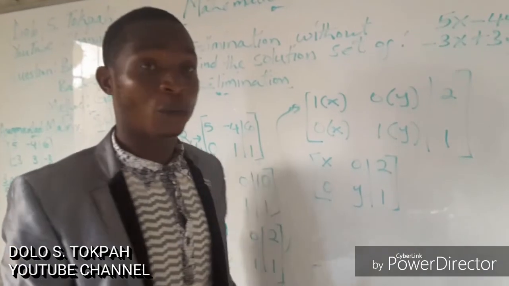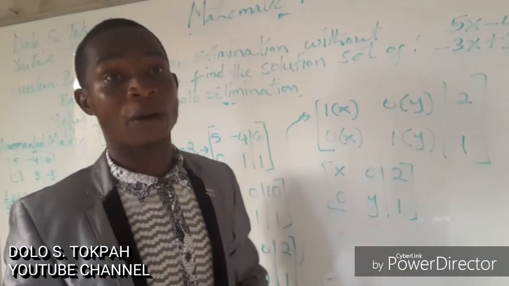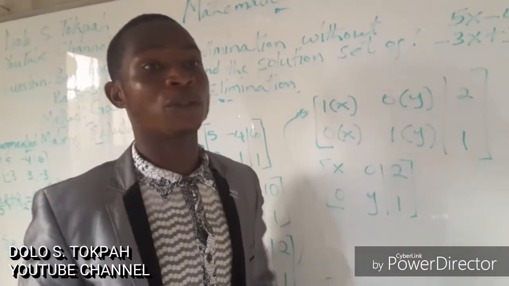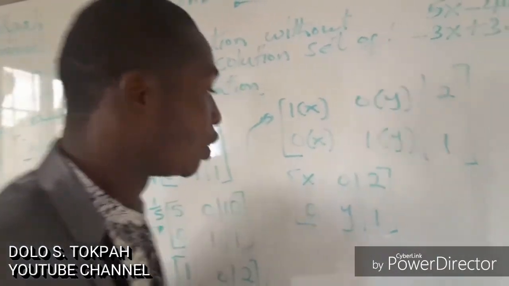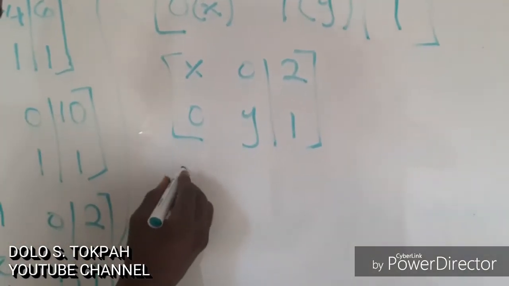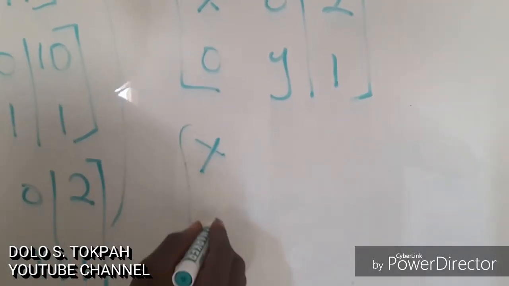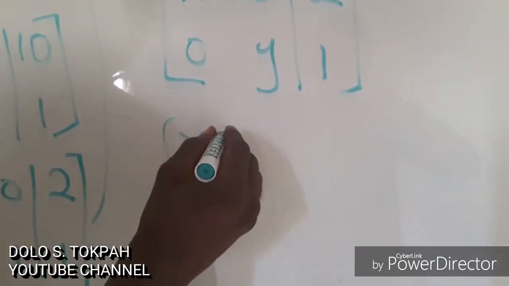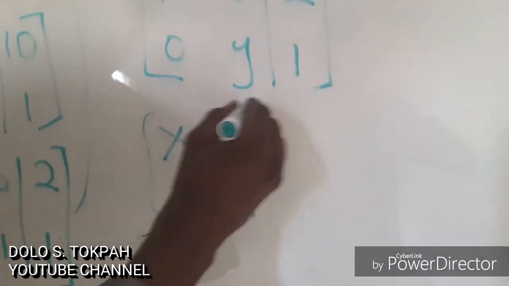Finally, at this point, we get to our final conclusion by getting our answer, which is very simple to understand, and we really enjoy using the Gaussian-Dolo elimination. So finally, we got 0 and 0 here. It doesn't make any significant sense to us, so we say we got x at this point, we got y at this point. Just draw your line. We got 2, we got 1.